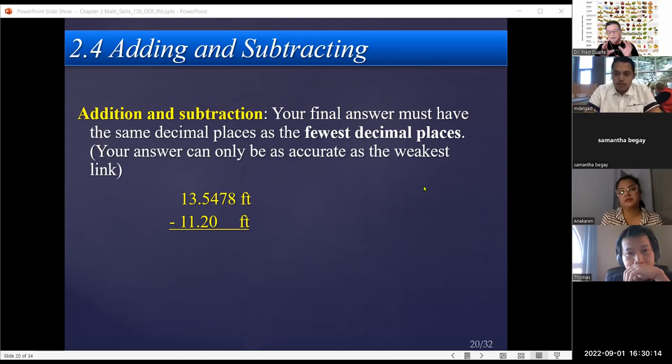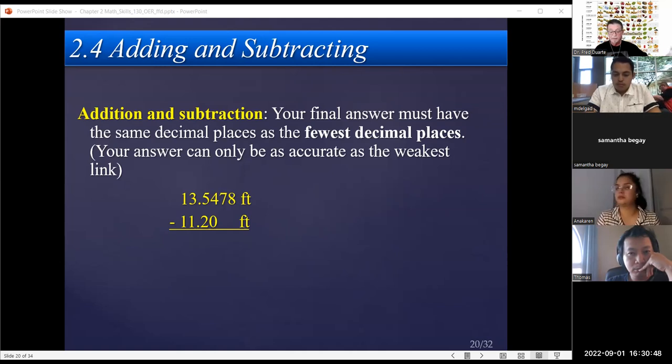And so think about this, if this is a measurement, the 13.5478, maybe they used a laser to get that measurement. It got it very accurate to the fourth decimal place. And the 11.20, maybe they just used a regular ruler to get that 100th place, with enough increments for the 100th place. So the 11.20 is the least accurate, which means that when we present the answer, it should be no more accurate than the number with the least decimal places.